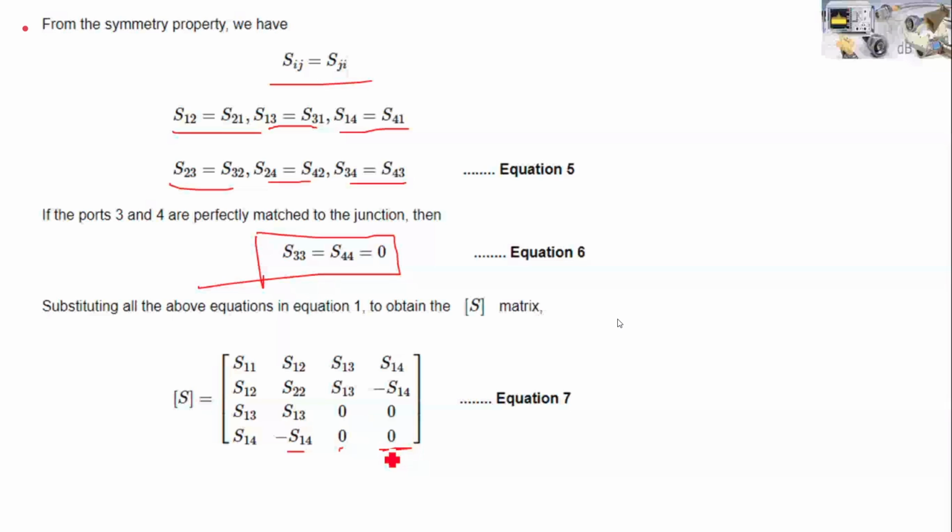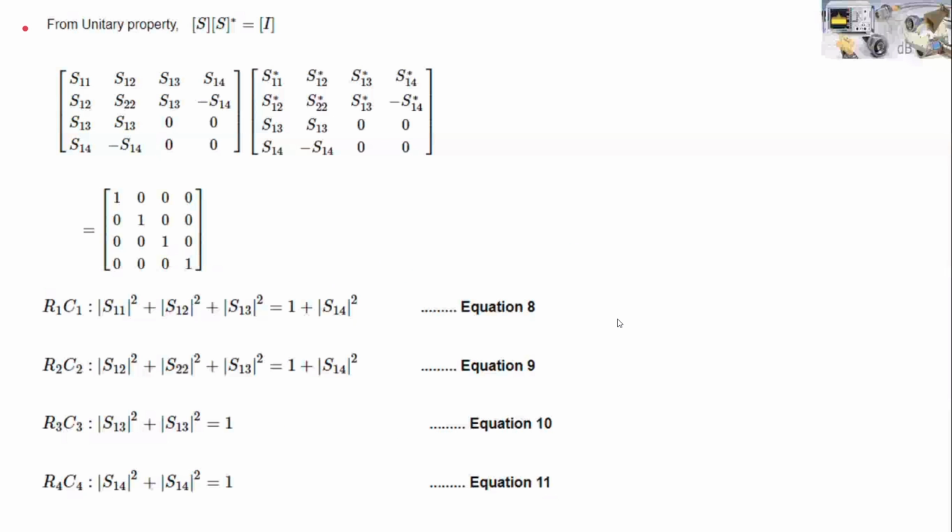Now here you have to see, we have to find the values of S11, S12, S13, and S14. Only first row we have to find. If we find this first row, this S22, then I think we can find the entire values of this particular matrix. You can expect this in your exam.